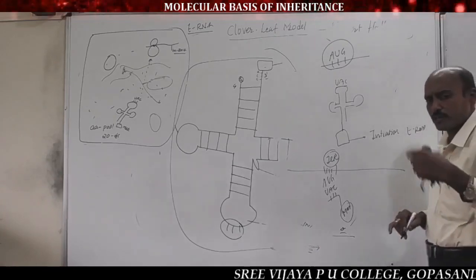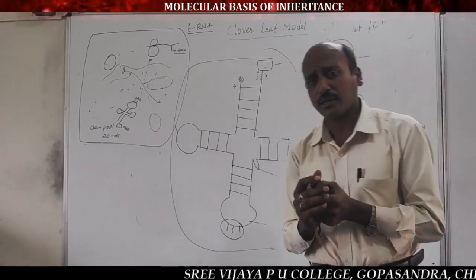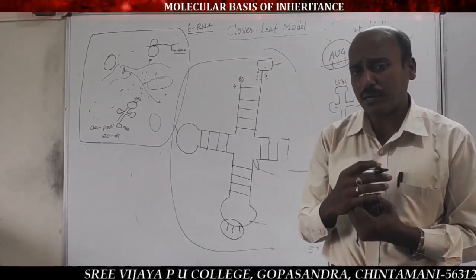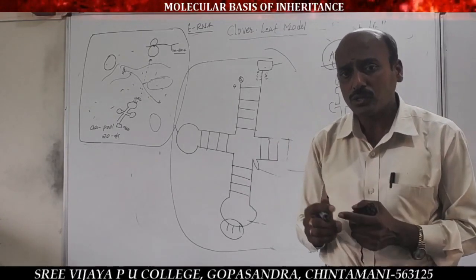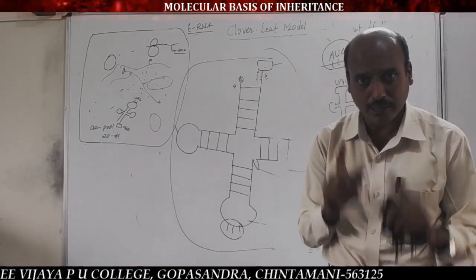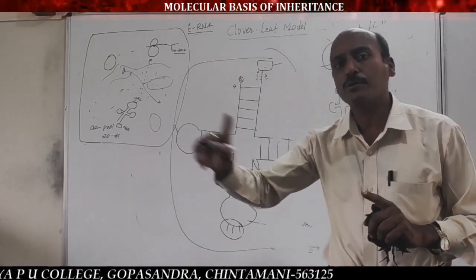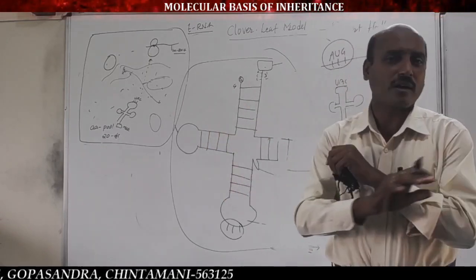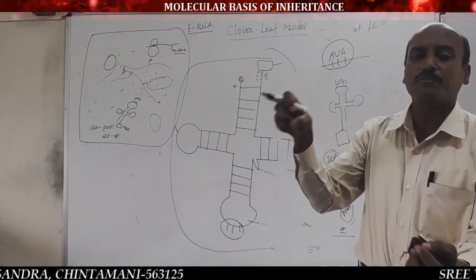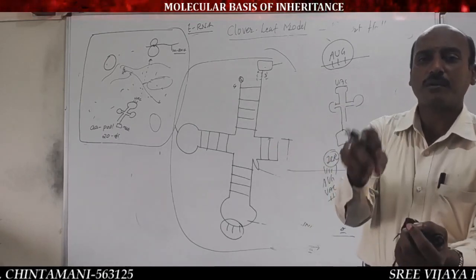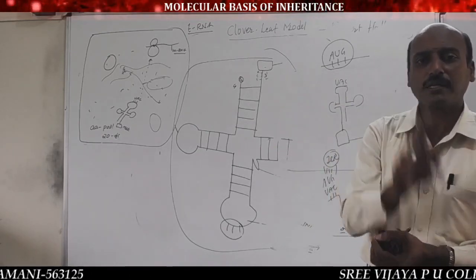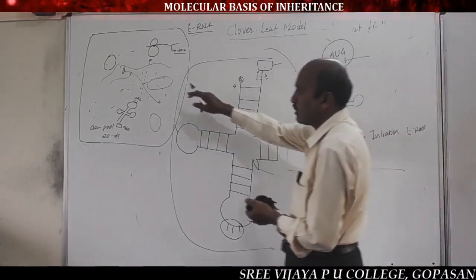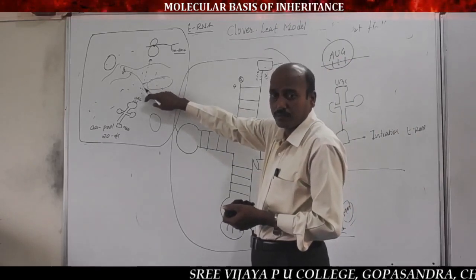Methionine is carried by one type of tRNA, phenylalanine by another, leucine by another. A particular amino acid is carried by a specific tRNA. Never can all tRNAs pick up all the different types of amino acids. This is the common function of tRNA.